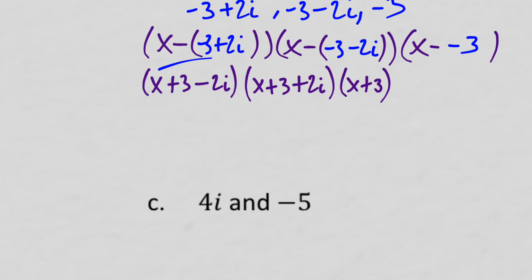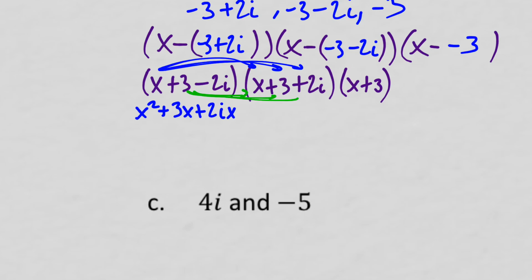You're going to do x times x, then x times 3, then x times 2i. Let's do those first. That's x squared plus 3x plus 2ix. Next, I'm going to do 3 times x, and 3 times 3, and 3 times 2i. So for that, I'm going to get plus 3x, plus 9, and plus 6i.